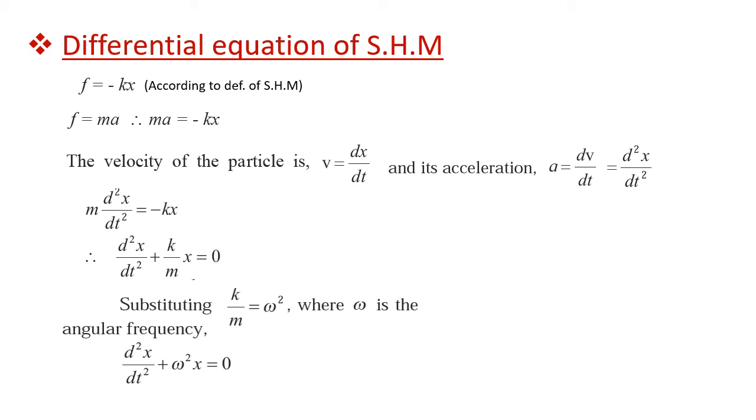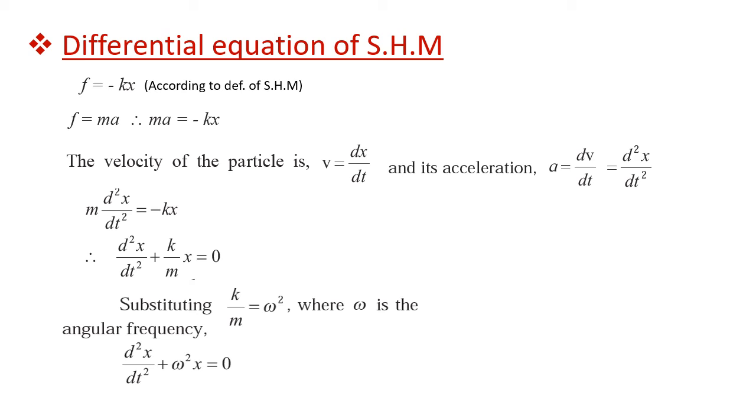And if we write velocity in terms of displacement, it will be d by dt of dx upon dt, which means acceleration is equal to d2x upon dt square. If we substitute the value of acceleration in this equation, we can write m into d2x upon dt square is equal to minus k into x.